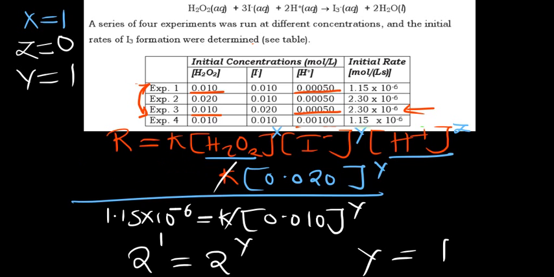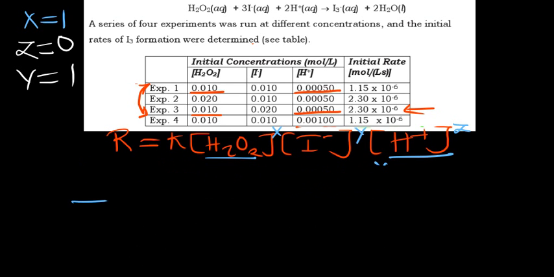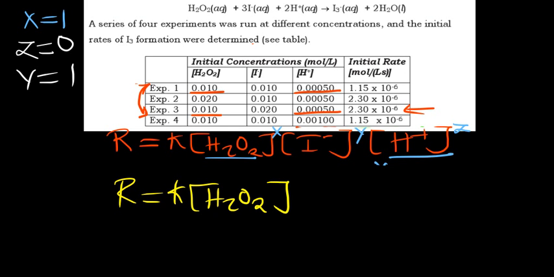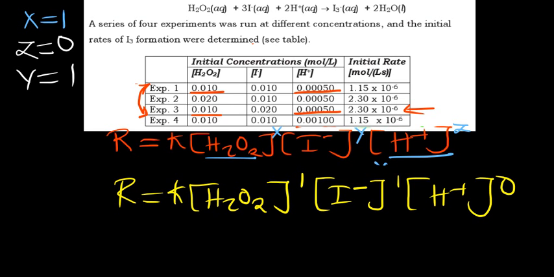This is very funny. So our rate is equal to k, our H2O2 to the power x, which is 1. For the y, it's also 1. And then for the hydrogen, it's a 0. So if you're going to give the rate law, you can even eliminate the 1 to the power 0 if you want.